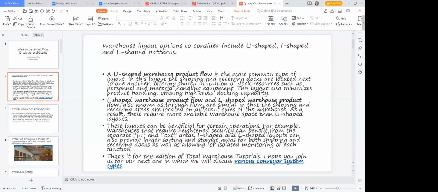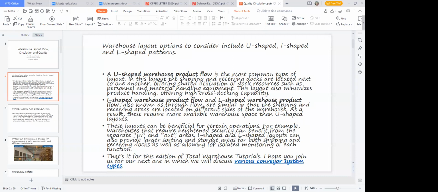So that's the concept of I-shape or L-shape. It's a one-way movement, in and out, compared to the U-shape, where we have to make a U-turn after we completely fix the product or the material.